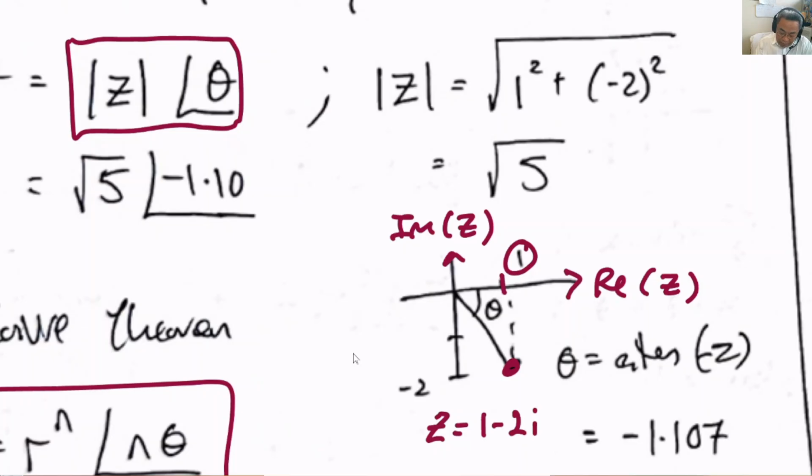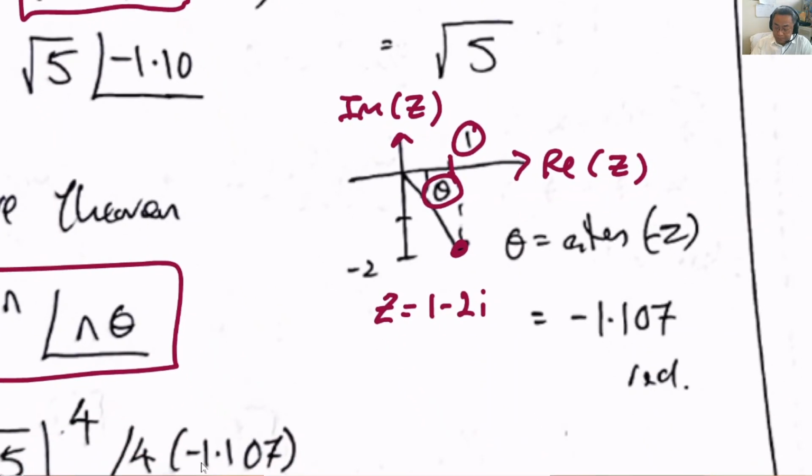Now, therefore we have theta, and we can calculate theta very easily. Theta is simply arctangent of 2 over 1. Now let's ignore all this minus 2 plus 1 or whatever, because we can see where the angle is, and you will get 1.107 radian, and because we are drawing it clockwise, then it is minus 1.107 radian.